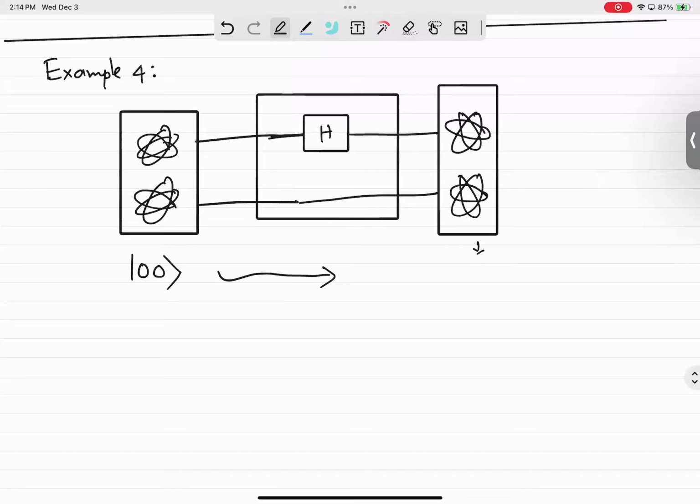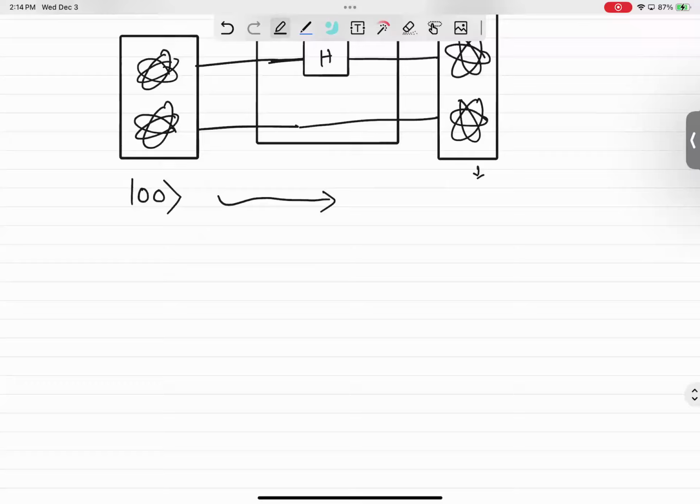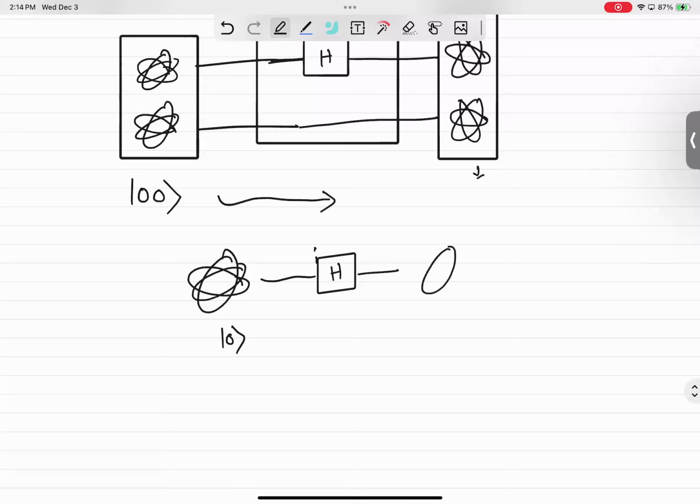So the first qubit is going through the Hadamard gate, where the second one, nothing is happening to it, right? So for example, what would happen here? Any guesses? Let's see. So if I just send in a single qubit, which is in state 0 through the Hadamard gate, what would I get?